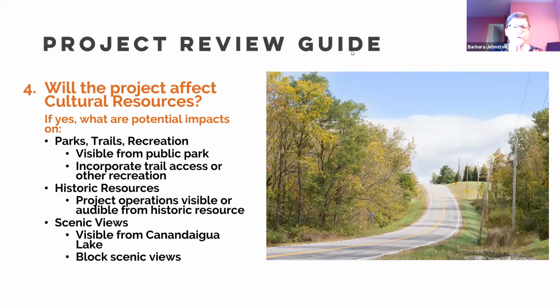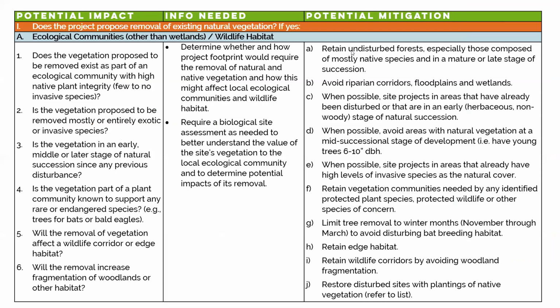So the project review guide looks at how the proposed project might impact the natural resources identified in the natural resource inventory. So this is how the project review guide is organized. This is just an example. Ecological communities, wetlands is a separate section.